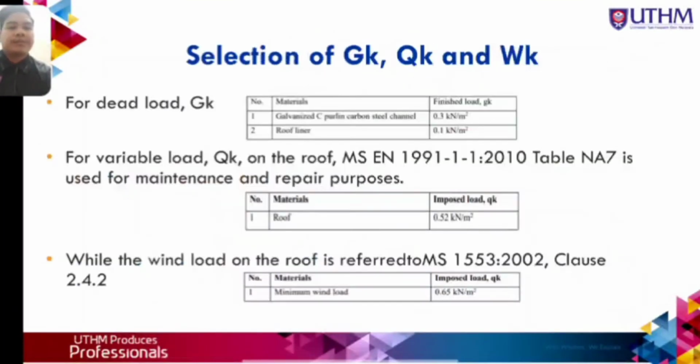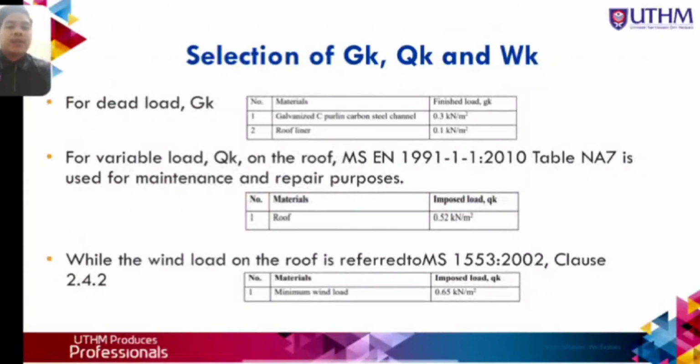As for the selection of Gk, Qk and Wk, for the dead load, which is Gk, we use galvanized C-purlin carbon steel channel with 0.3 kN per meter square finishes load, as well as roof liner with 0.1 kN per meter square.